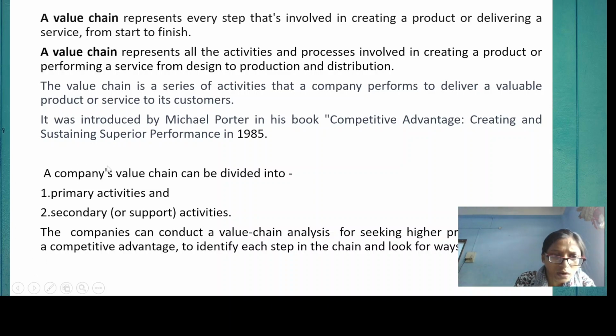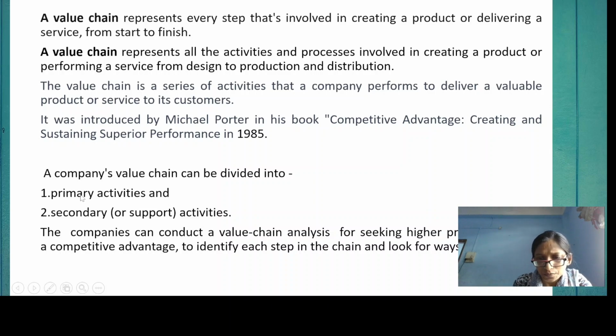A company's value chain can be divided into basically 2 activities: primary activities and secondary, or sometimes we call them support activities. Support activities help us in performing the primary activities efficiently.